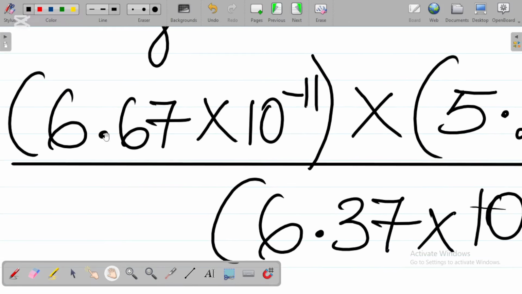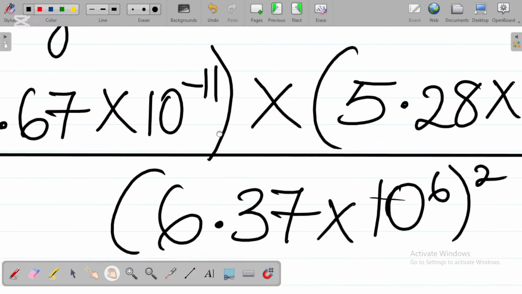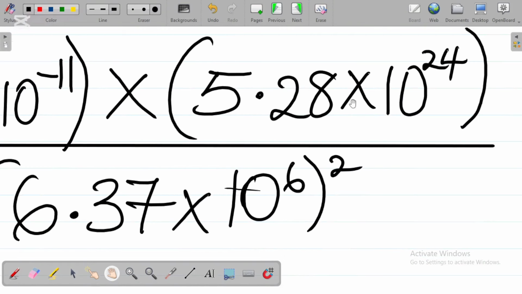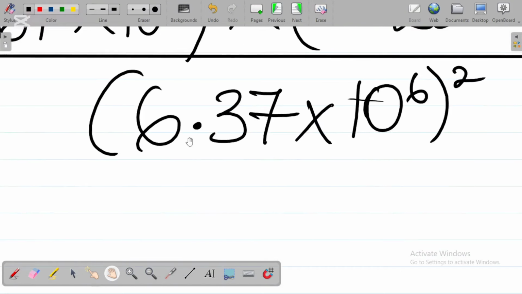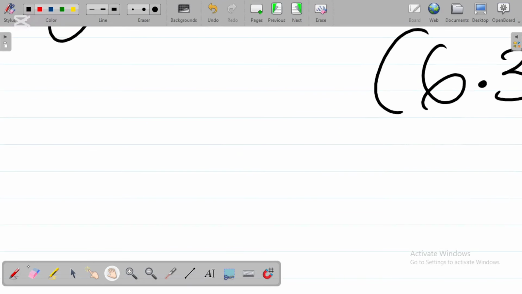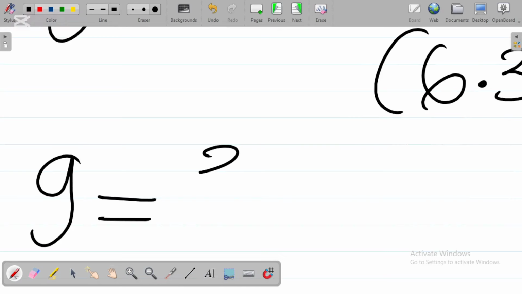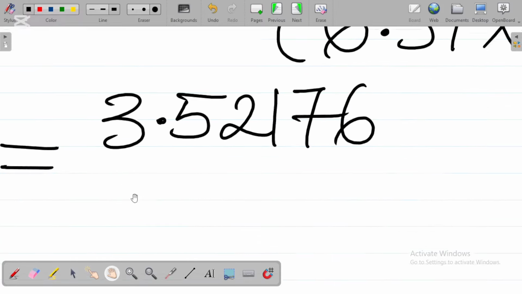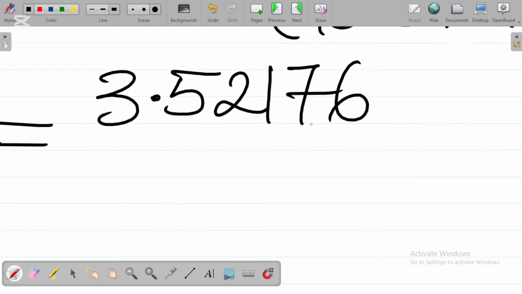All right, so 6.67 multiplied by 10 raised to power negative 11 multiplied by 5.28 multiplied by 10 raised to power 24 gives us 3.52176 multiplied by 10 raised to power 14.